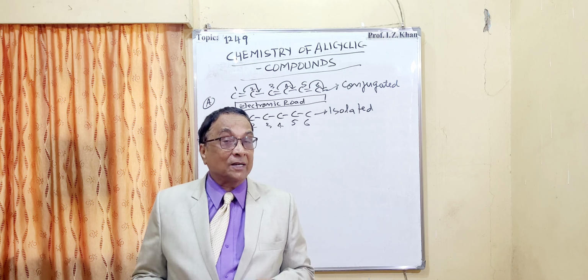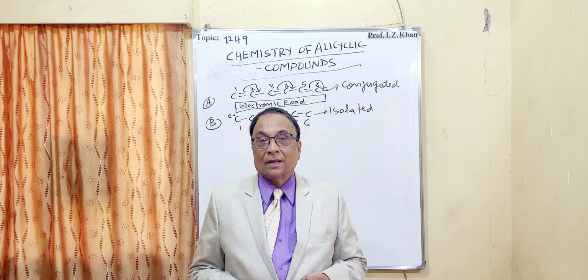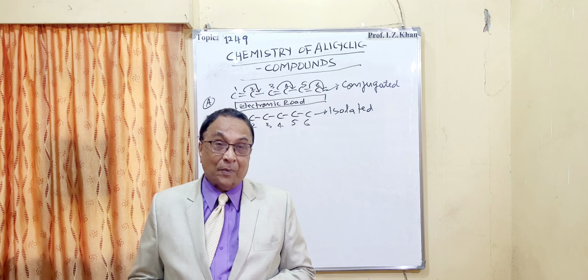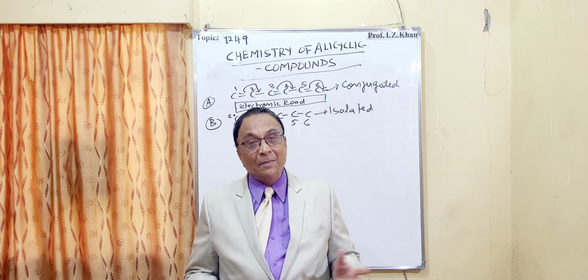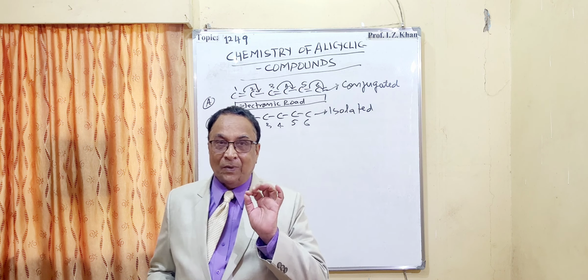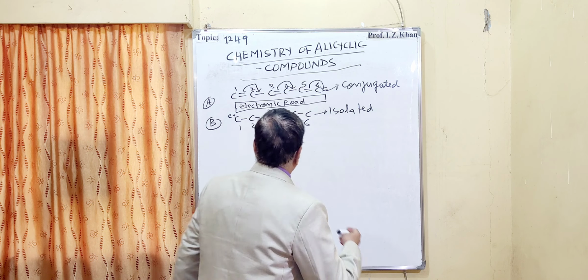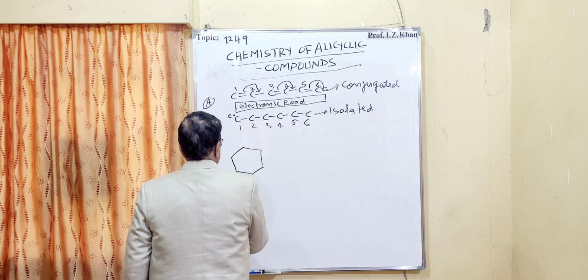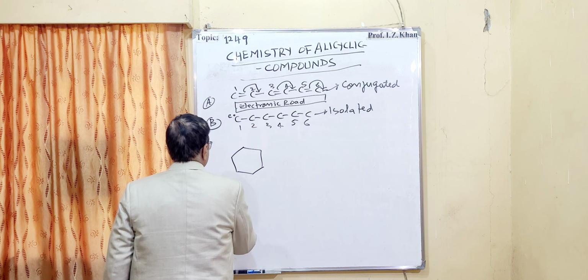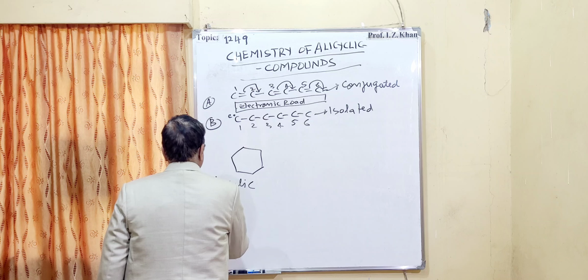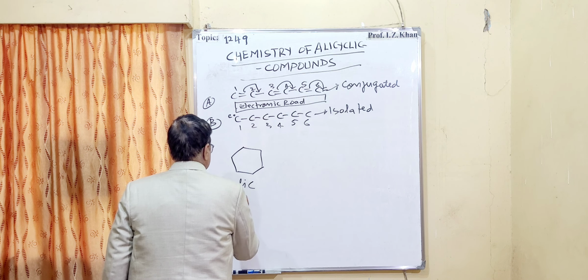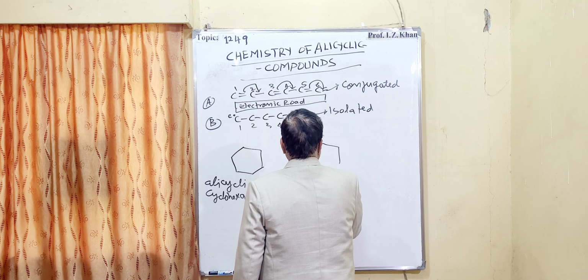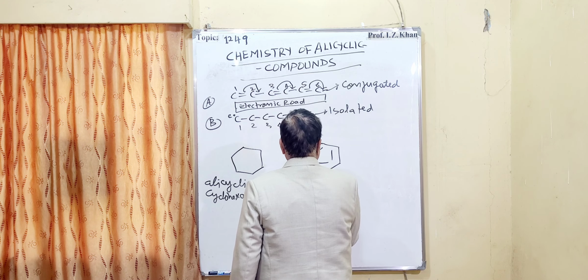And why is it important to know the aliphatic and aromatic carbon? Because there is a big difference in properties and the chemistry, stereochemistry. For example, I am just giving you one example. If suppose you have one like this, it is aliphatic, alicyclic, that is cyclohexane. The other one is aromatic.